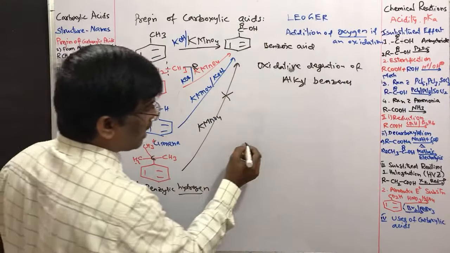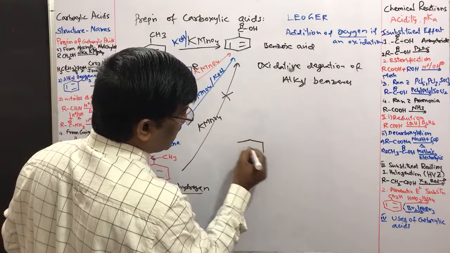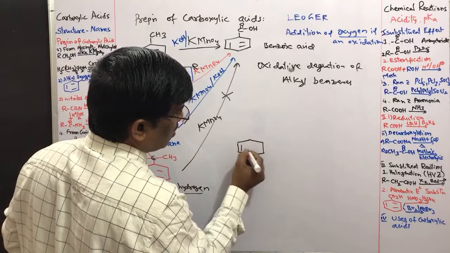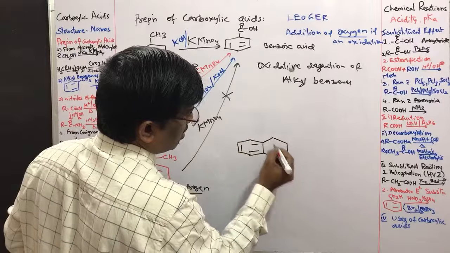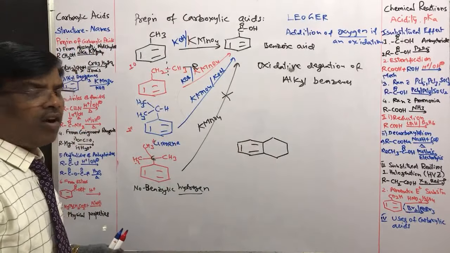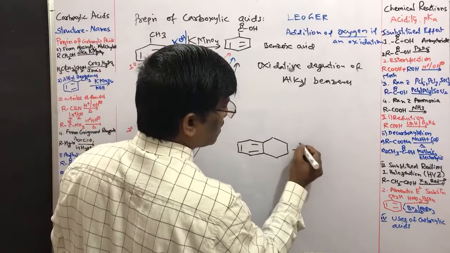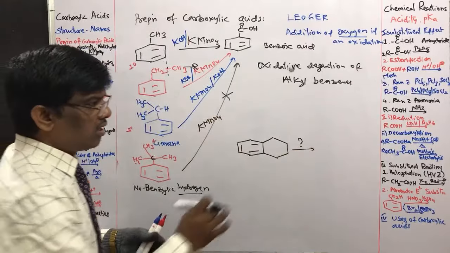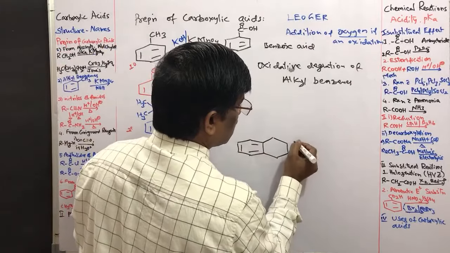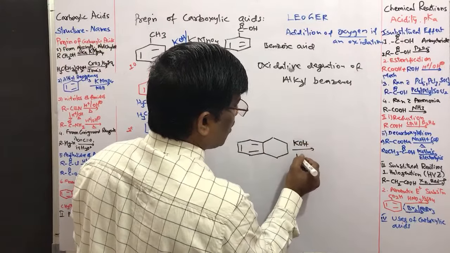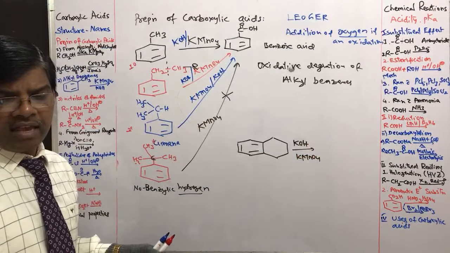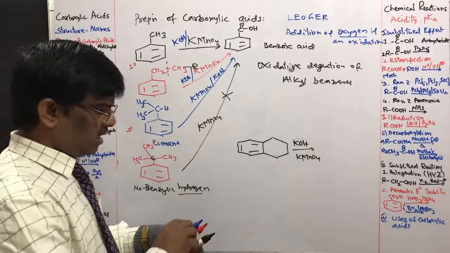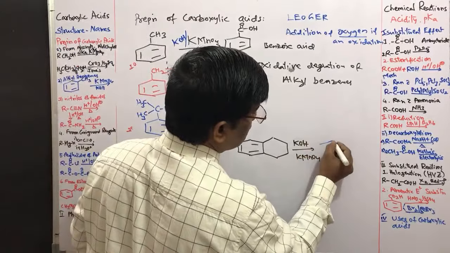So, if the alkyl benzene is like this. Yes? What is the product? Guess. KOH and KMnO4. If I add KMnO4 in presence of base, what is the product I am going to get?